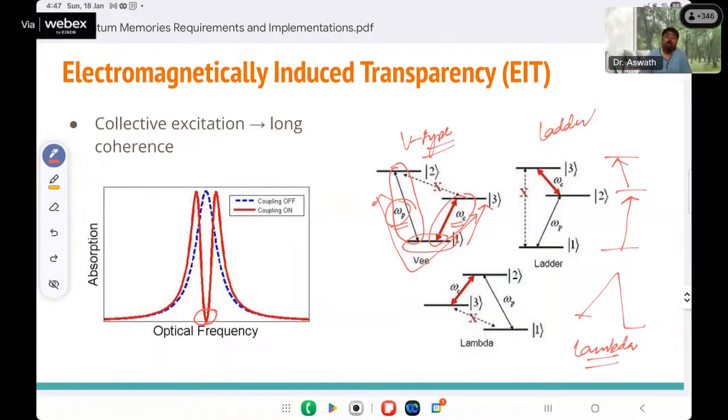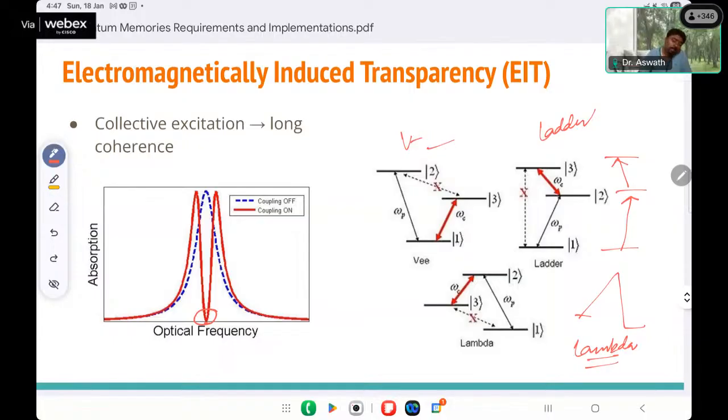Now, how is it used to realize a memory? Very interesting thing. Let me remove all these things. If I have to store the information in level 2, what do I do? Somehow I push all the electrons into level 2.